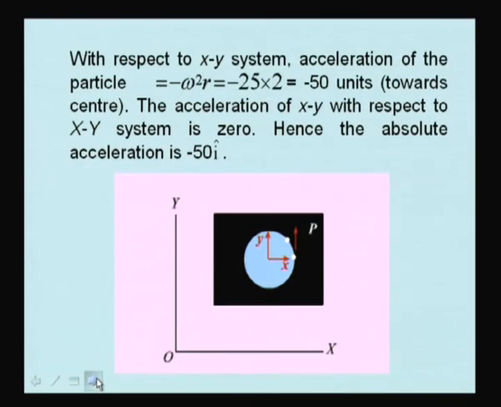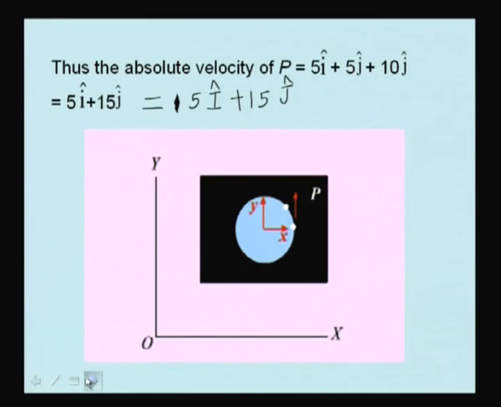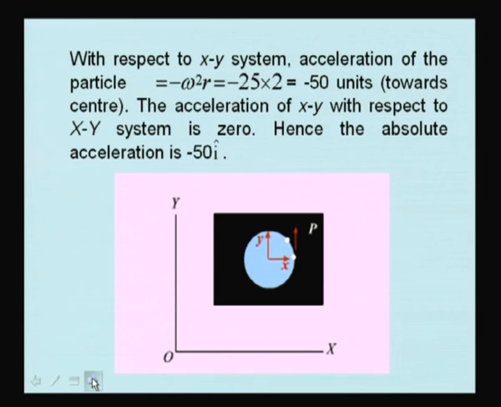Now, we discuss the acceleration of the particle. With respect to the xy system, that means with respect to the moving coordinate system, the acceleration of the particle is equal to minus omega square r. I have used a minus sign because at the moment it is directed towards the negative x direction.